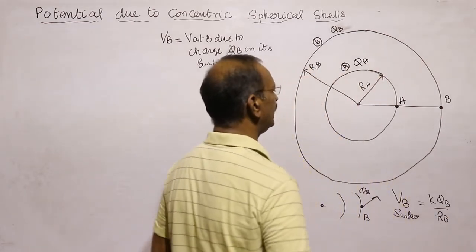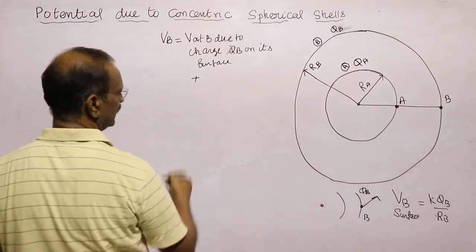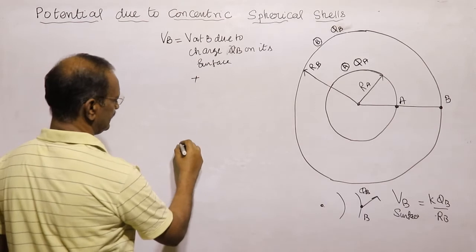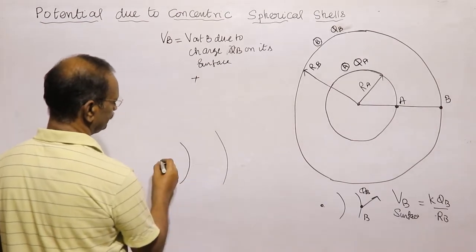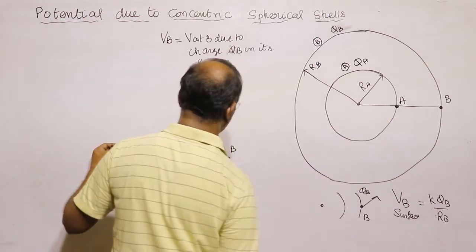So this is the potential at B, the first part. Second, plus: now here is one more potential. So we are interested to find out the potential at B.